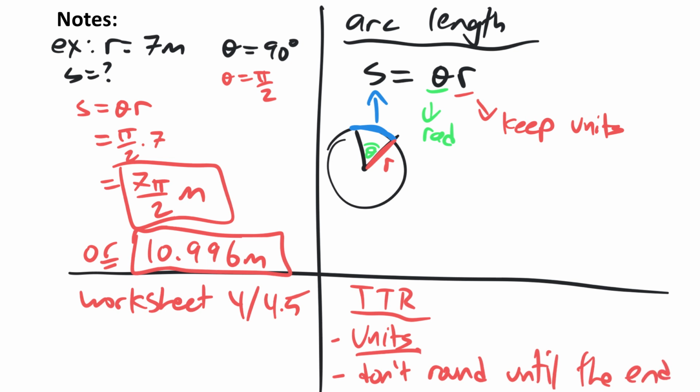We'll probably talk about this more in future videos, but we need to be careful with rounding. Whenever you're doing rounding with your calculator, you always wait until the very final answer, the one you're going to box. That's the only one you round. Everything earlier, you want to keep all the decimals. You want to use that ANS button on your calculator to pull the previous answer. You really want to use as much precision as possible because you don't want to end up with some kind of rounding error.